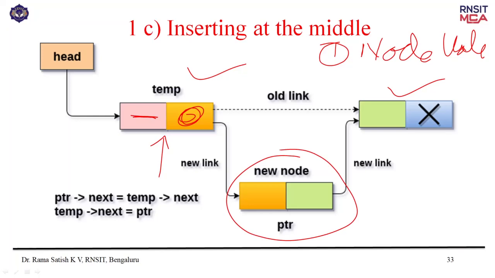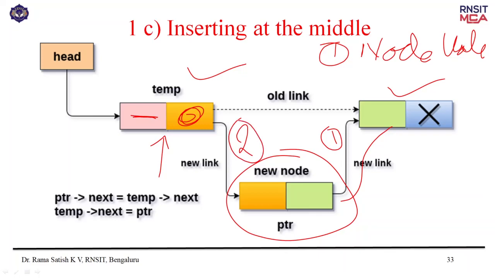So what I will do, the new node's next link is equal to the temp's next link. So this will be connected first. After this, the temp link you will connect to the new node second.